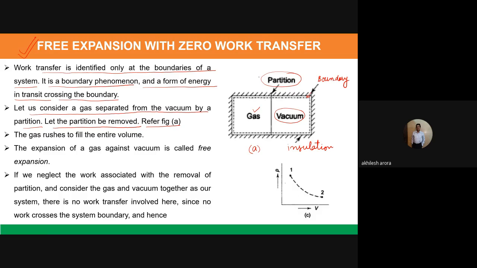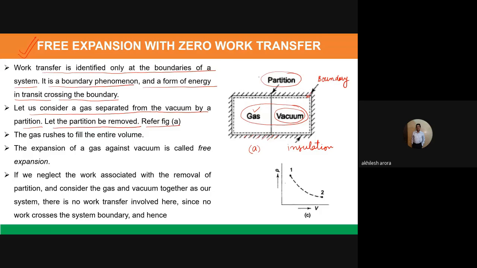The dotted line shows the boundary. So the boundary has both gas as well as the vacuum. So the thermodynamic system in this case comprises gas as well as vacuum. Okay, and outside, the hatching shows the insulation, so it's an insulated system.